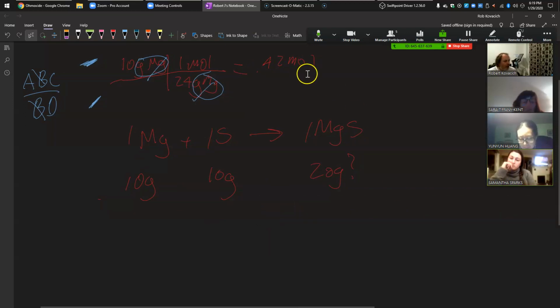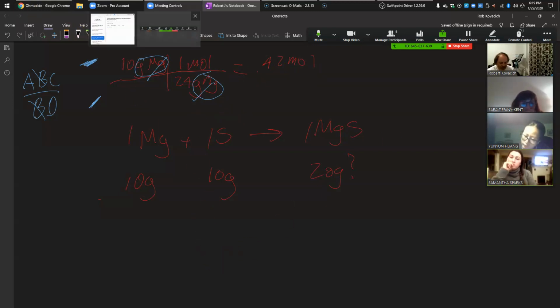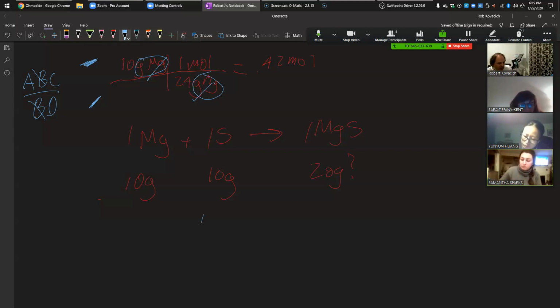Okay, so I've got 0.42 moles of magnesium up here. So now let's figure out how many moles of sulfur I've got. So I have 10 grams of sulfur, and on my periodic table it says 32 grams of sulfur is 1 mole of sulfur. Okay, so I'll cancel out the grams of sulfur with the grams of sulfur.